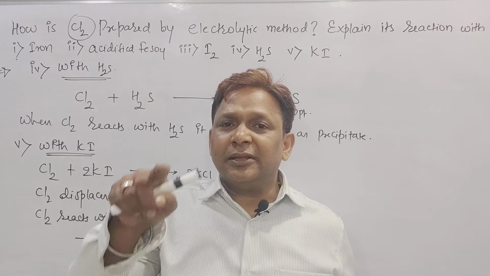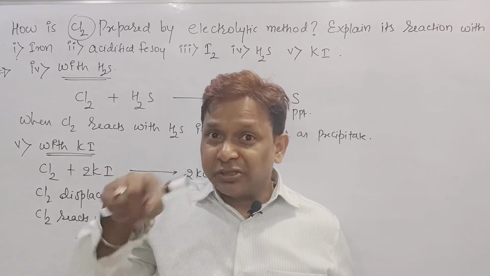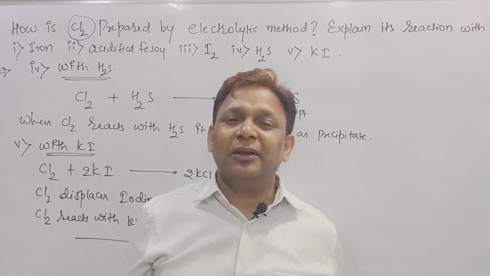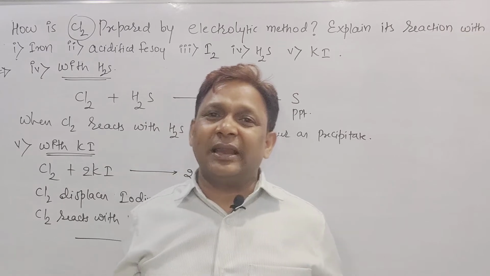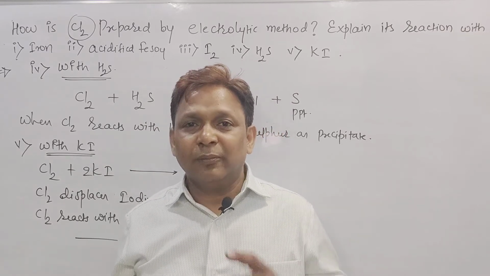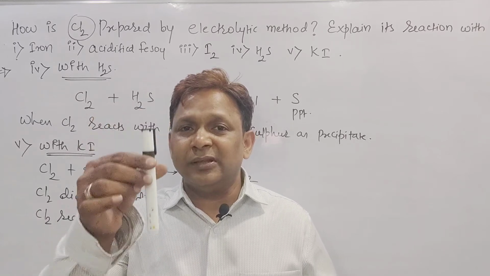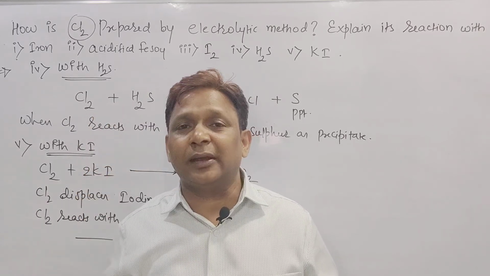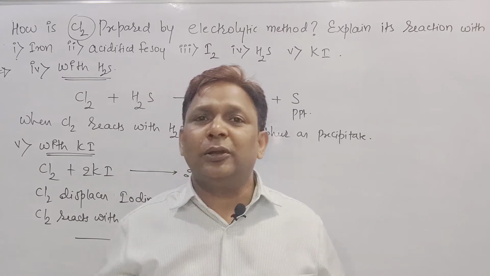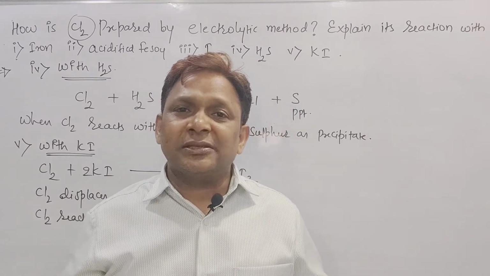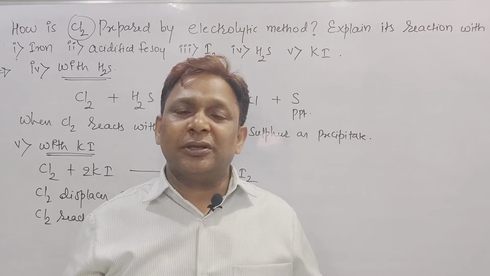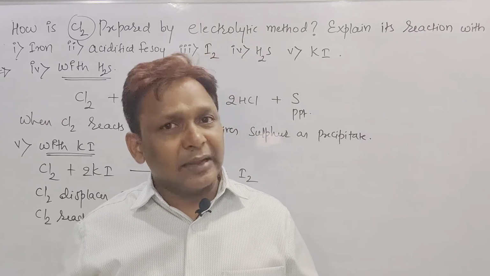Take a perforated steel U-shaped tube, lined inside with asbestos, which itself acts as a cathode. Point number 2, take the electrolyte, that is a brine solution. Third, insert the graphite rod in it, which acts as an anode. And fourth point, during electrolysis, Cl2 gas is liberated at the anode and hydrogen gas is liberated at the cathode, right?